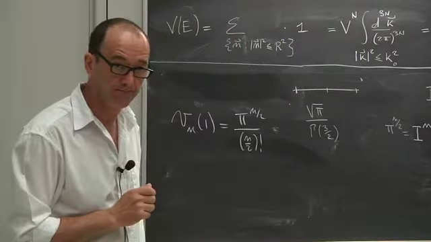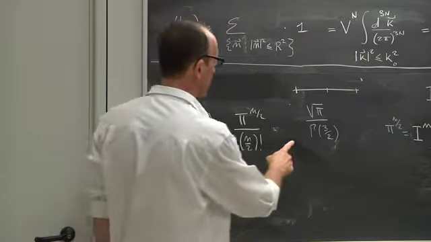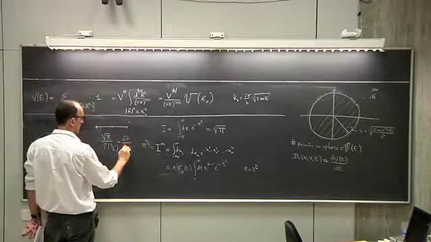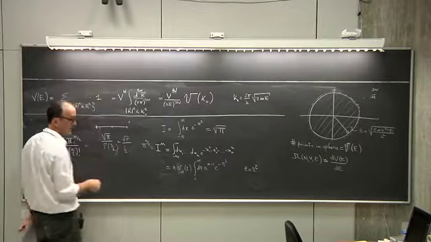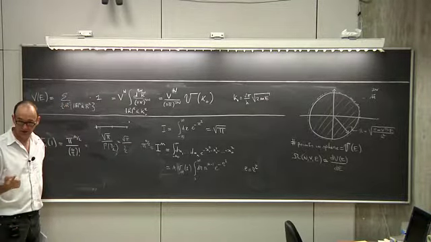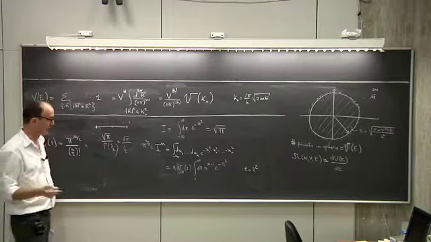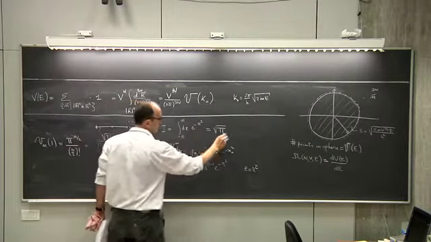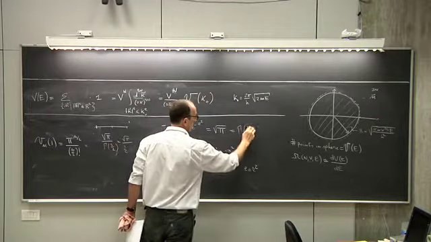And the gamma of 3/2 is 1/2 times the gamma of 1/2. The gamma of 1/2 is square root pi, because if you change variables, this is the gamma of 1/2.